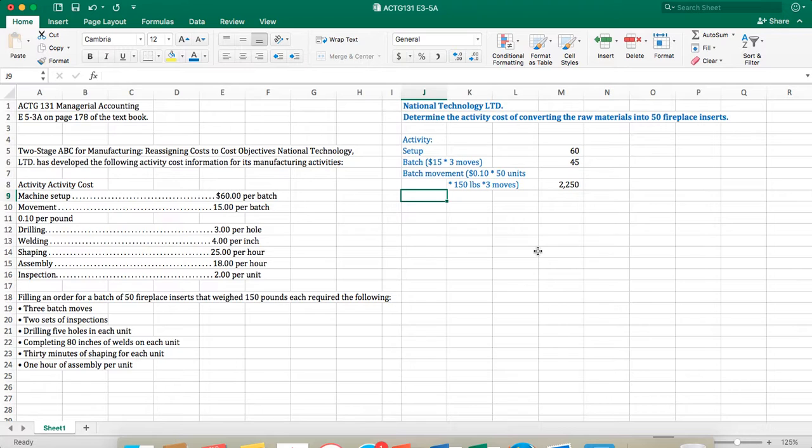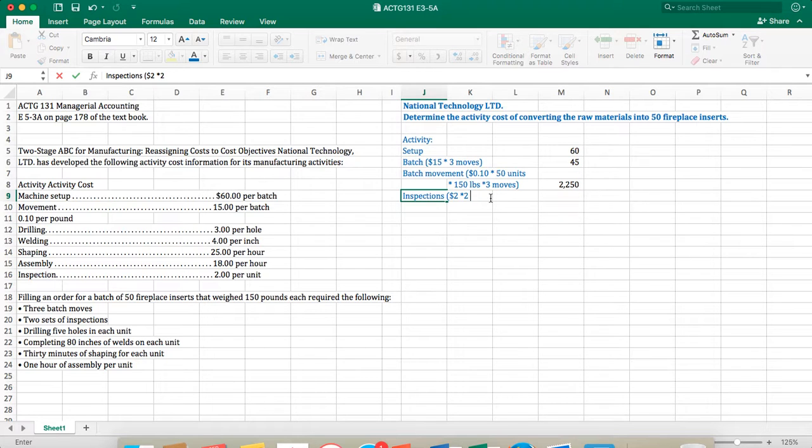Okay, everything else seems pretty straightforward, but let's go through it together. The next thing that we're told is that there are 2 sets of inspections. So let's call that inspections. And that is $2 multiplied by 2 inspections. So remember, each requires 2 inspections, and there's 2 sets of inspections.